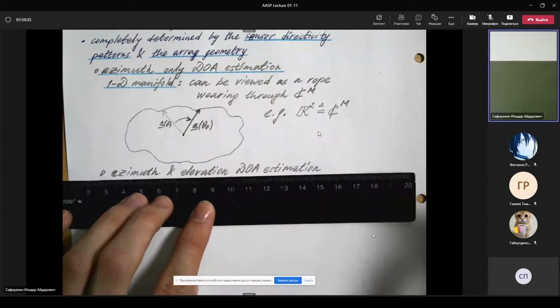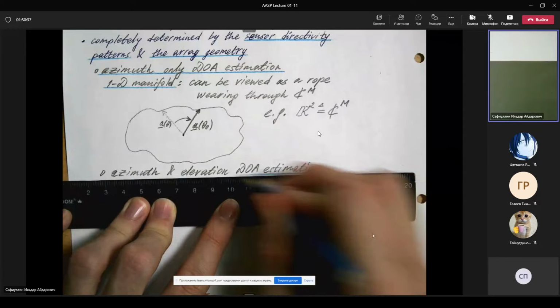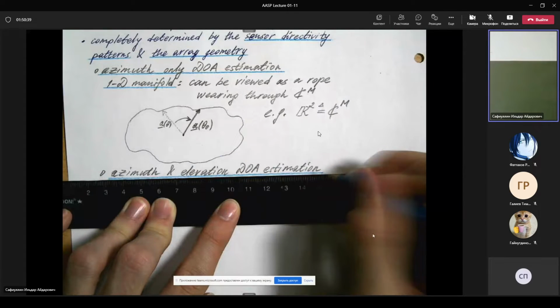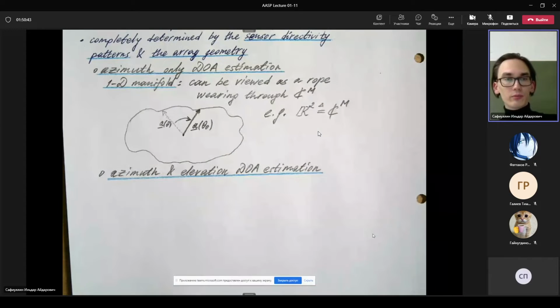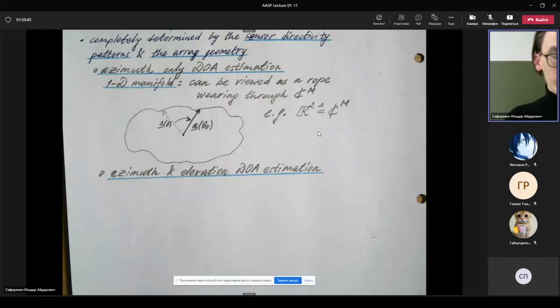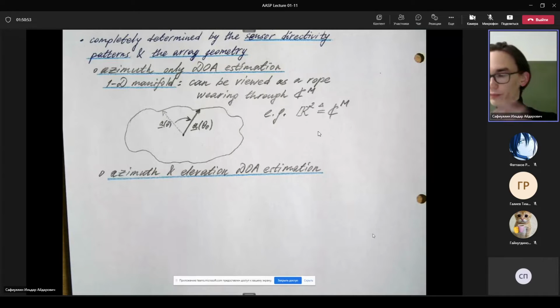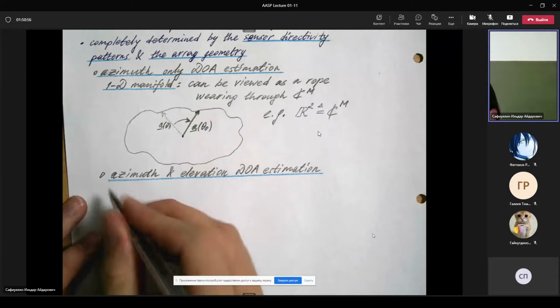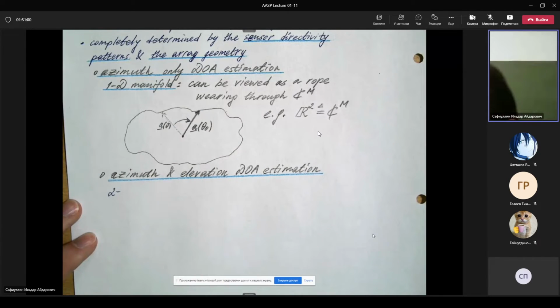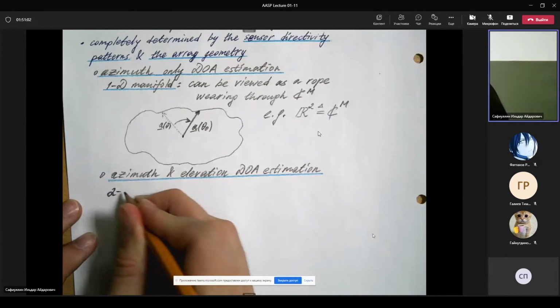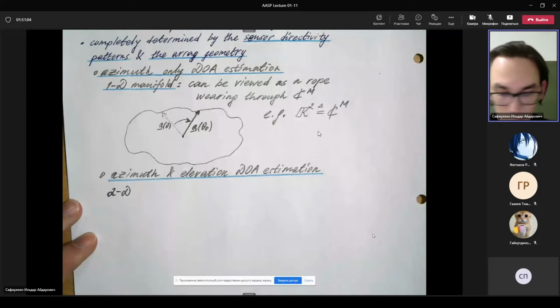So it is the second example. Then you can see we have 2 different parameters, theta and phi. So we can say that our manifold will be 2-dimensional. So 2D manifold.